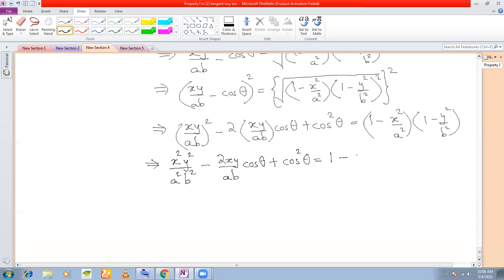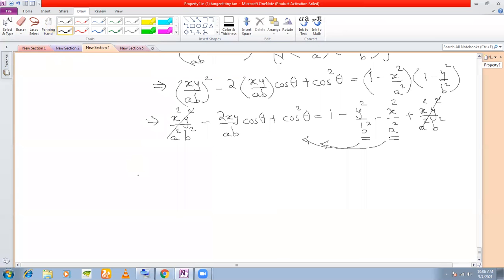You get 1 minus y square by b square minus x square by a square plus x square y square by a square b square. Okay, so clearly what you see here is that x square y square by a square b square we cancel from both sides, right? And now what you do is you transpose this quantity and this quantity to the other side. Both these quantities you transpose to the other side and you will get your required result.